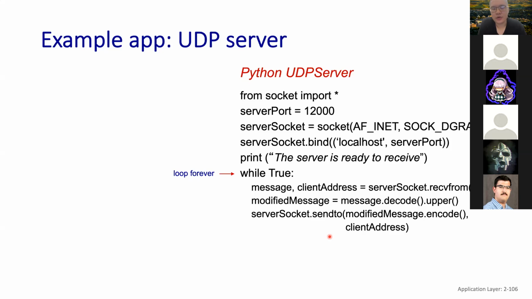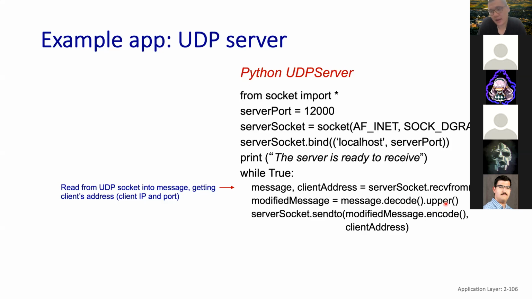And then you go into the loop, a forever loop, because you want the program to keep running there as a server, right? A server always needs to serve. So a forever loop. And after that, you read the UDP socket message, with a similar receive function, recvfrom. Remember the recvfrom function, and you get the client address and the message, right? You modify this message. You first decode, then you upper, right? Upper is uppercase.